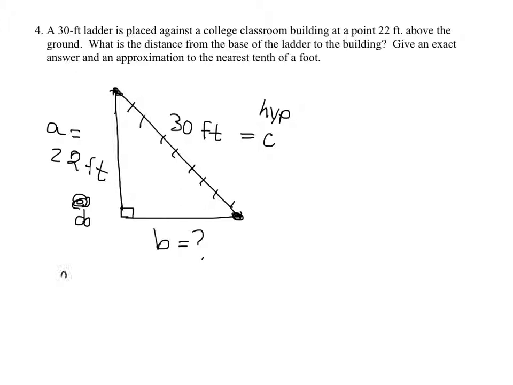So let's do it. A squared plus B squared equals C squared. A squared is 22 squared plus B squared, we don't know, equals 30 squared. So 30 squared is 900. 22 squared is 484.